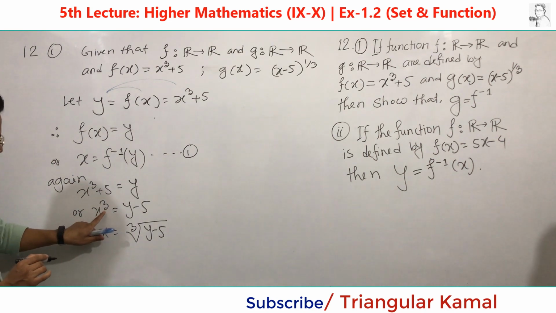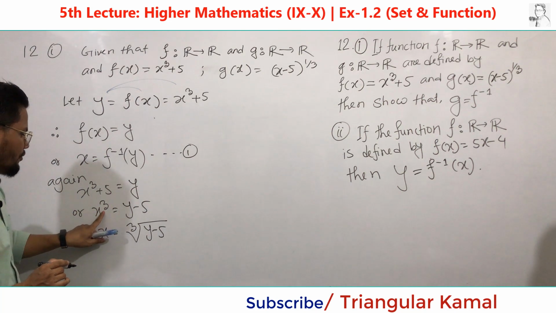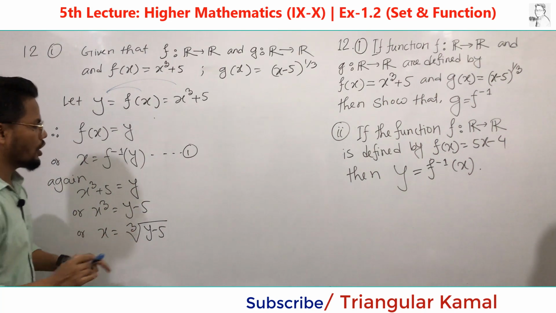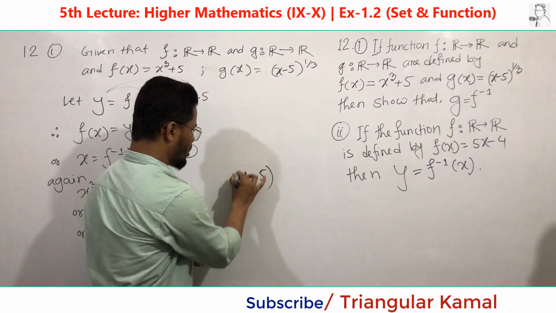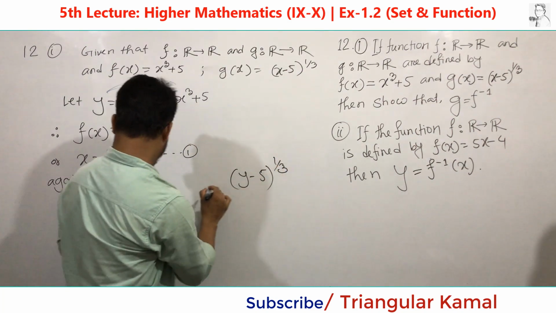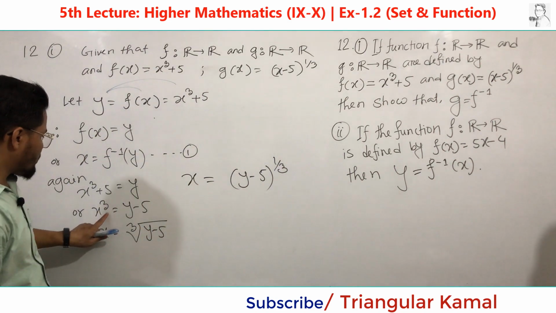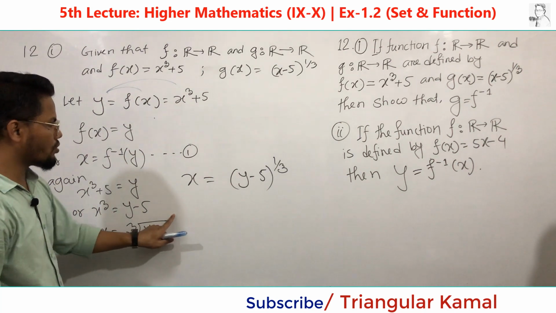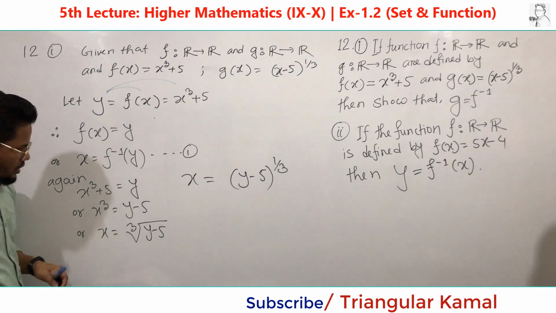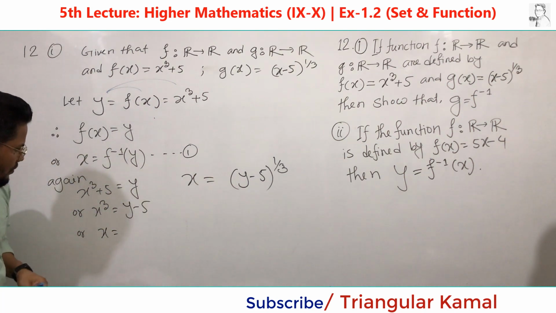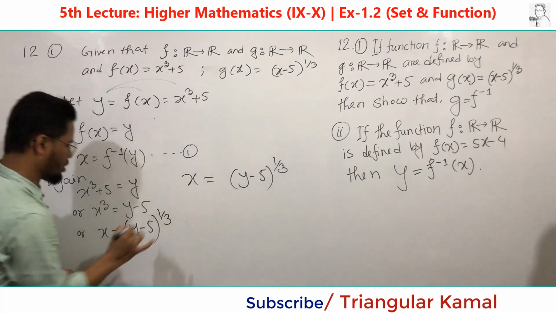Like this power: if this one is 2, this one will be square root; if this one is 4, this one will be 1/4. When the power is shifted from the left side to the right side, it becomes 1 over that power. So you can write x equal y minus 5 to the power 1/3.